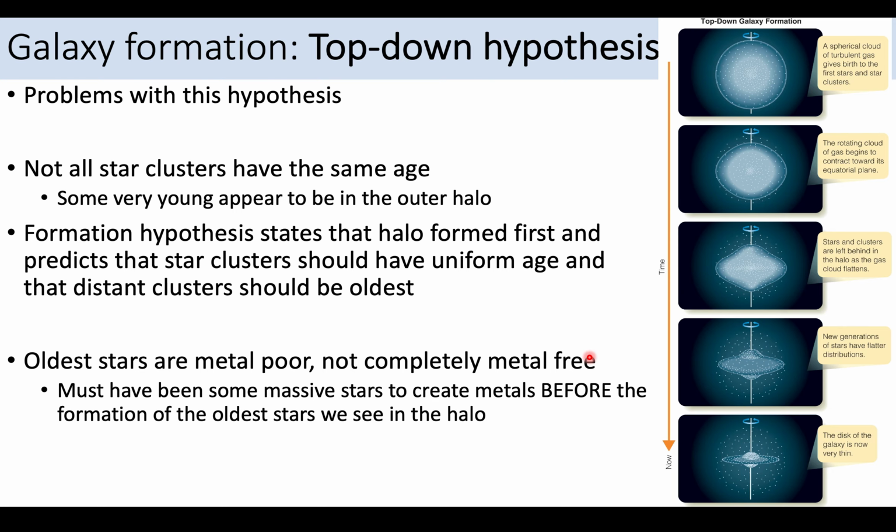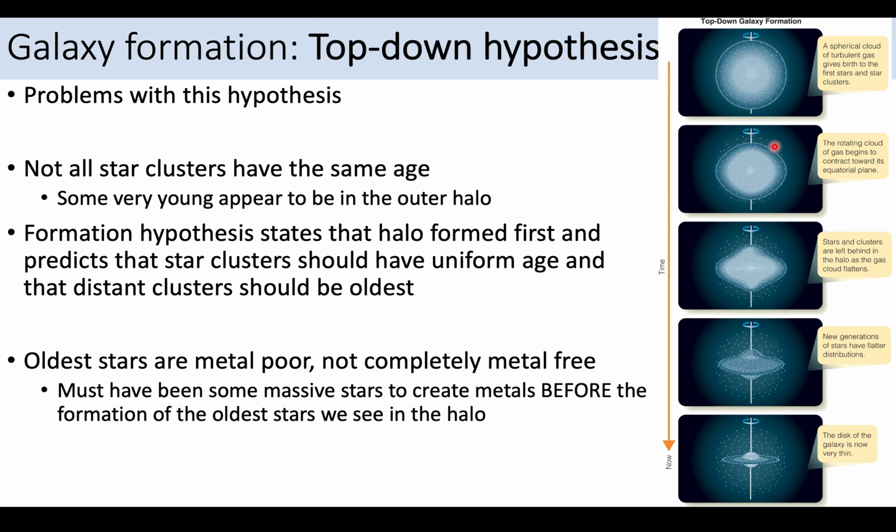So in this hypothesis, you would expect that the halo is what formed first. So as this cloud is condensing, the pieces of the halo are left behind. However, in reality, we find that there are some young star clusters in our outer halo. So that is not explained by this hypothesis.